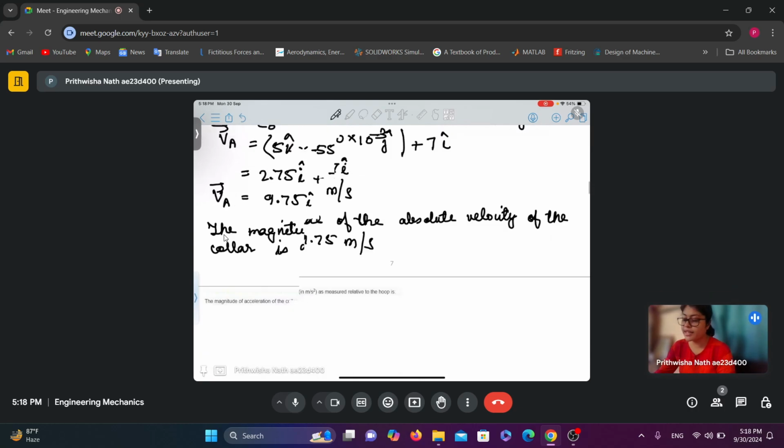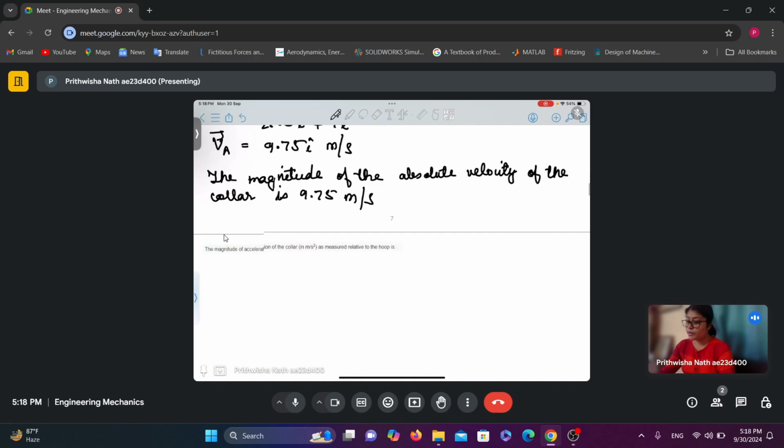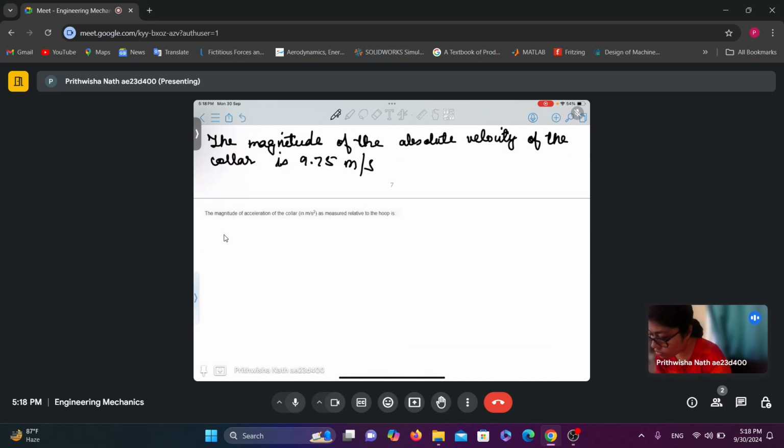So moving on to the next part of the problem, the magnitude of the acceleration of the collar as measured relative to the hoop.